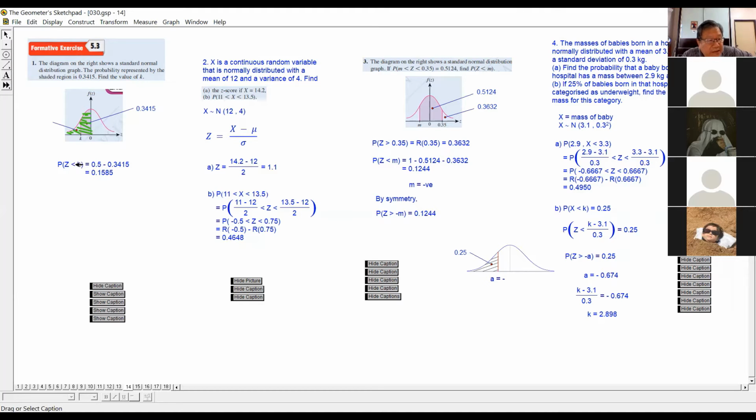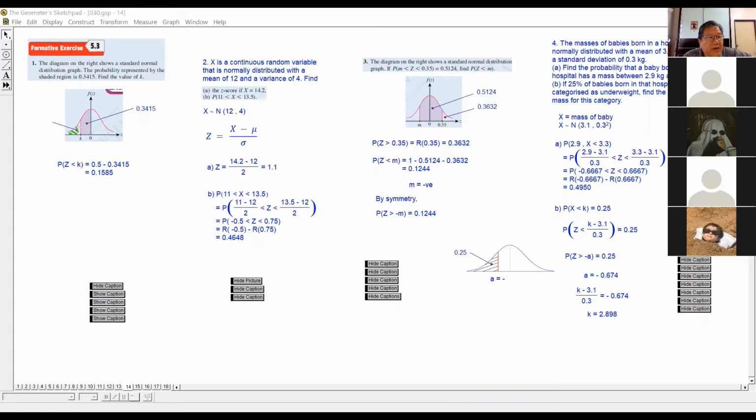So the area less than k is the green color one, including until the lower tail, minus the shaded region, then I get 0.1585. 0.1585 is actually this area here.